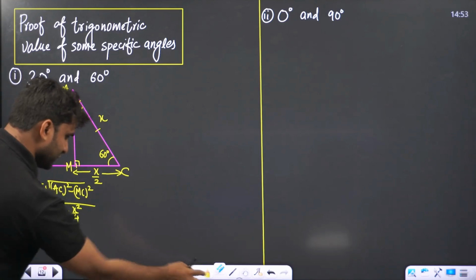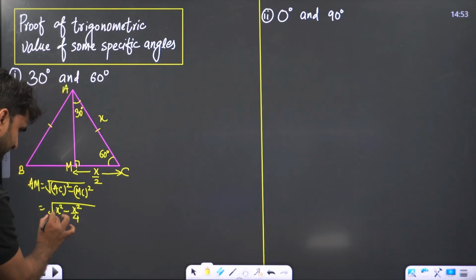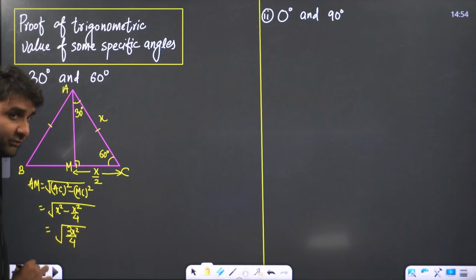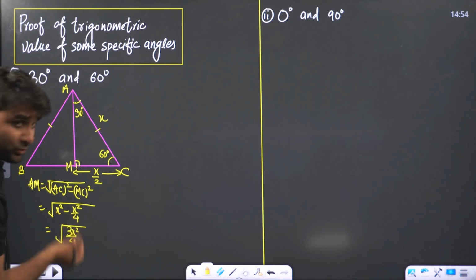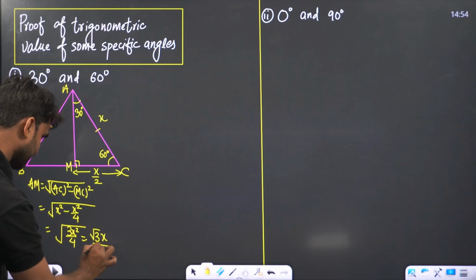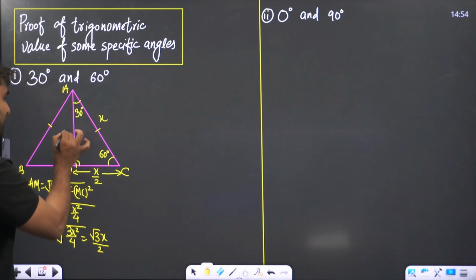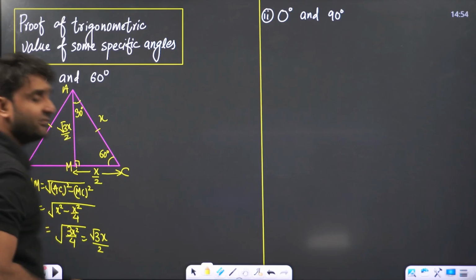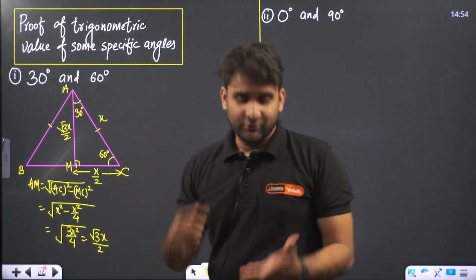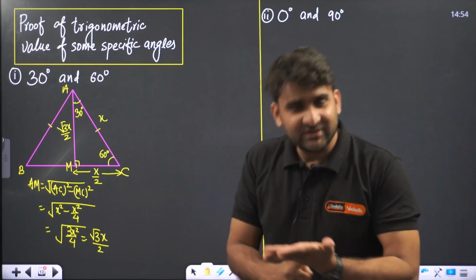Okay, so on taking LCM, 4x square minus x square, this will be 3x square divided by 4. We know 4 is a perfect square, but 3 is not a perfect square, so it will remain as it is, 3, and x square means x, and 4 will be 2. So we have root 3x divided by 2. Clear, everyone? So in the right angle triangle AMC, we have 30 degree as well as 60 degree.